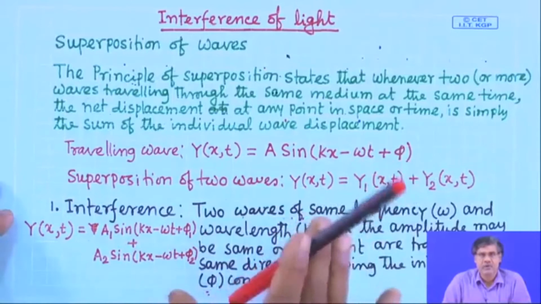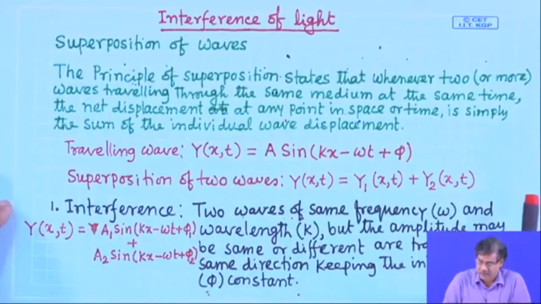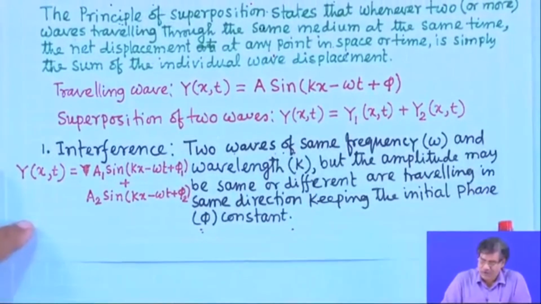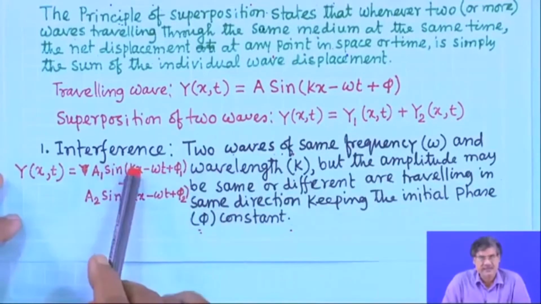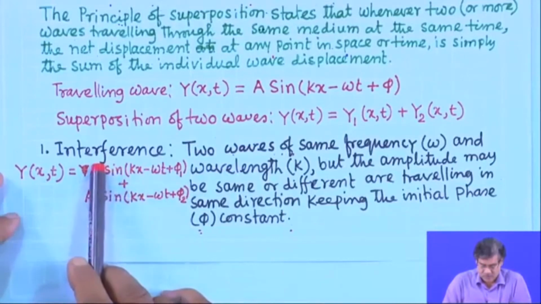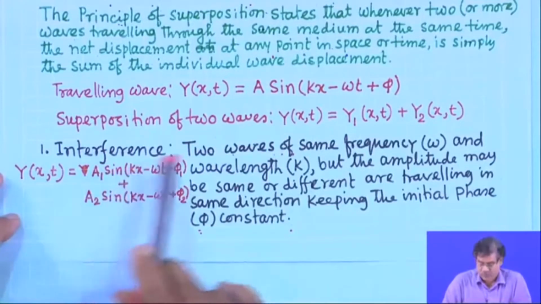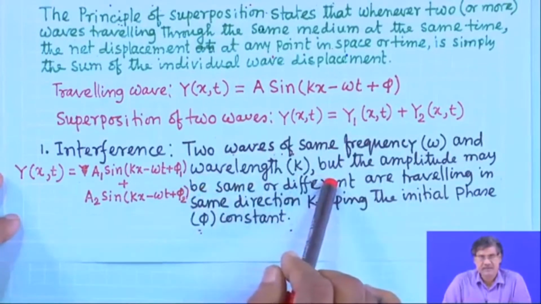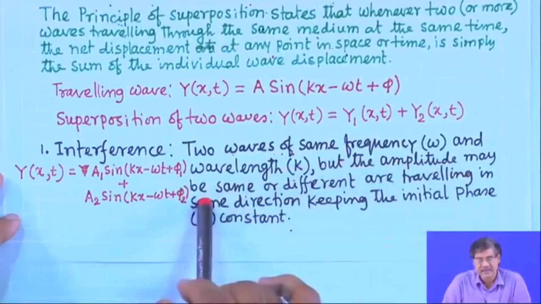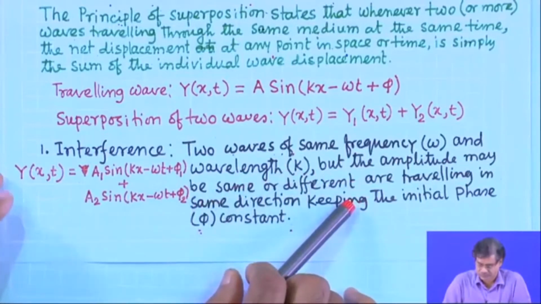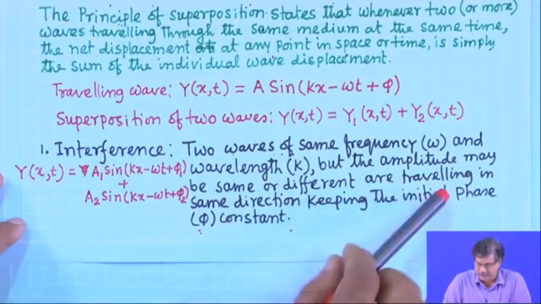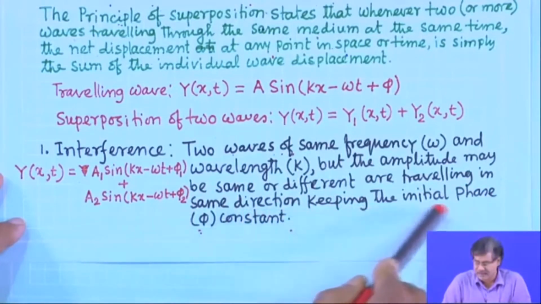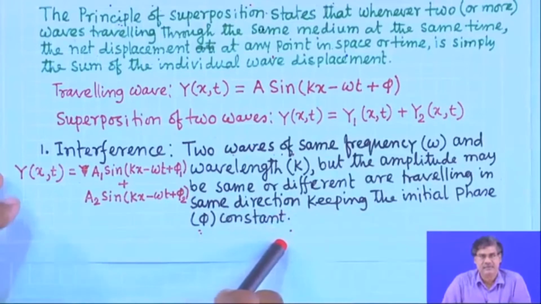Mainly three phenomena we see distinctly due to superposition. One of them is the interference effect. We see it when two waves have the same frequency and wavelength, but the amplitude may be the same or different, and they are travelling in the same direction, keeping the initial phase φ constant.